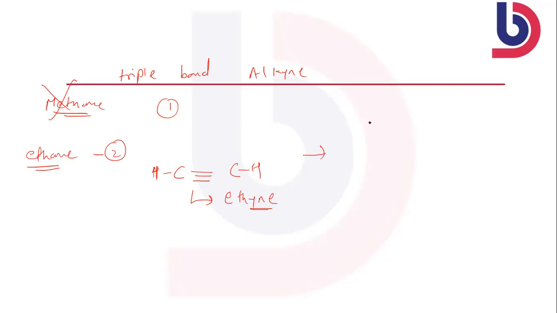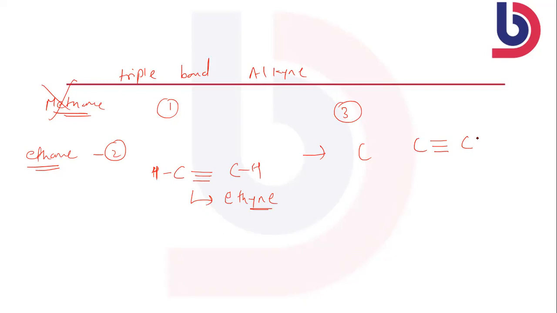Similarly, if you go with three carbons, again you have two choices. You can make a triple bond between 1 and 2, or you can make a triple bond between 2 and 3. So again I'm choosing the last two carbons. This will be my triple bond.